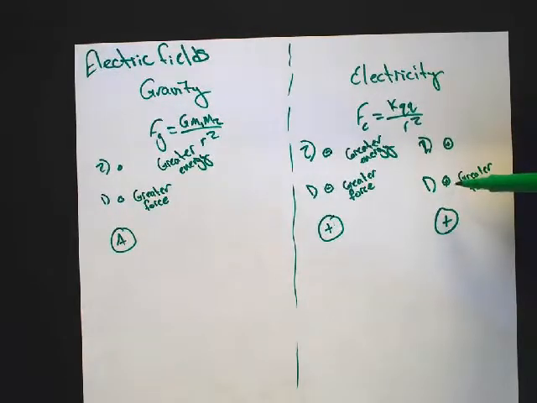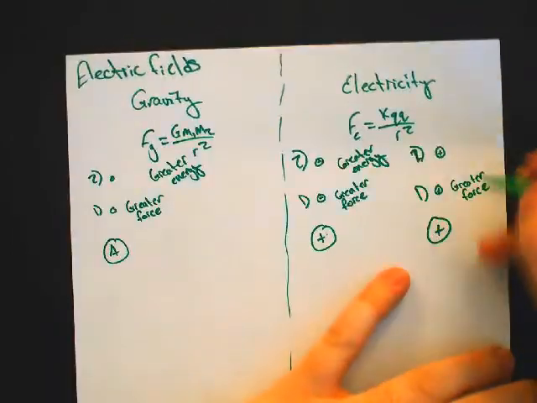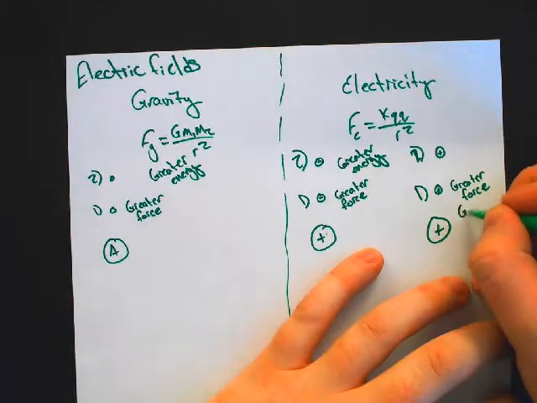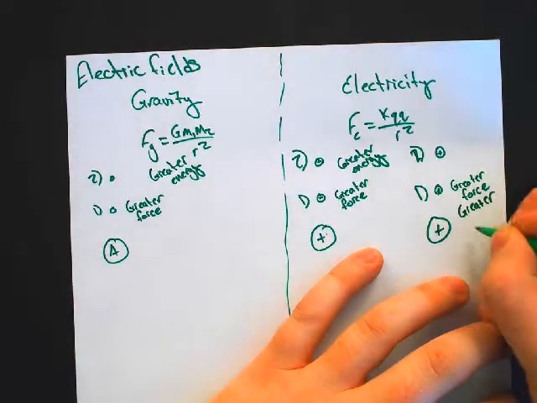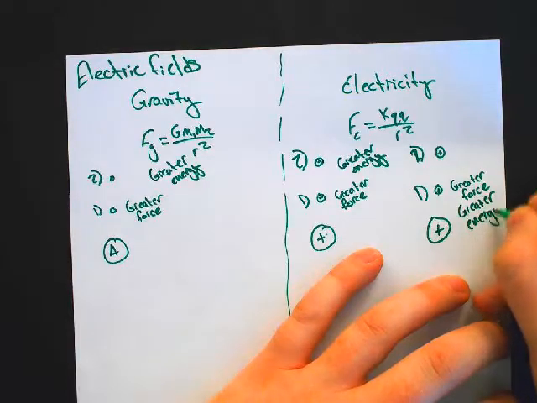Okay, so again, the question was, which has more energy, 1 or 2? Now the answer is 1. Why is the answer now 1? Okay, so we're now looking at a repulsive force. So this is now greater energy. Okay.